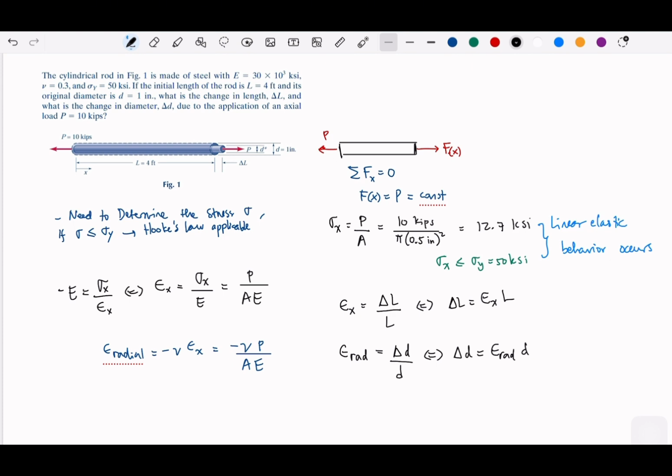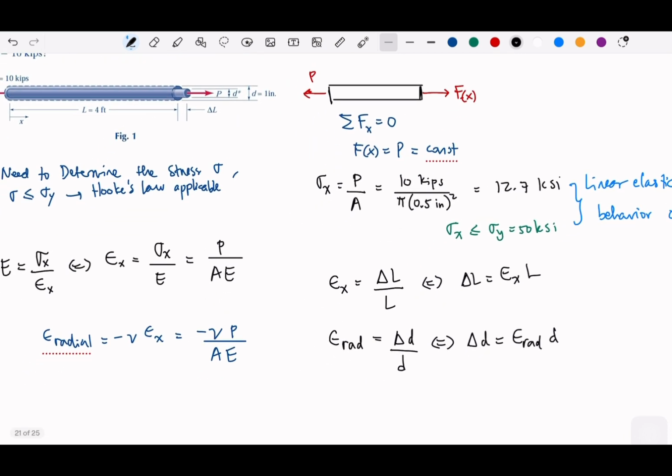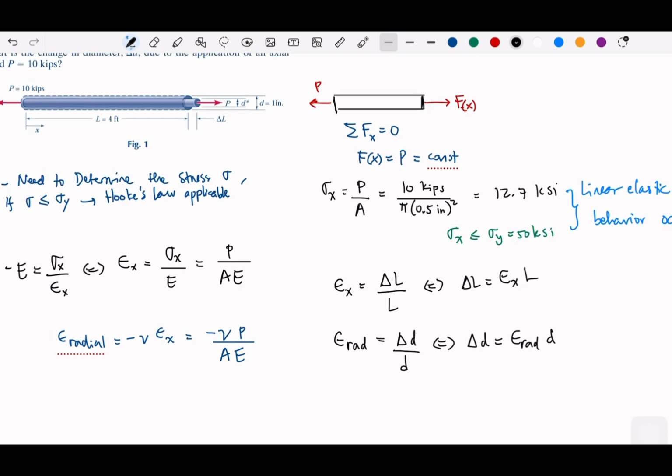So we get here the strain x times L. This is we are going to have PL over AE, okay?